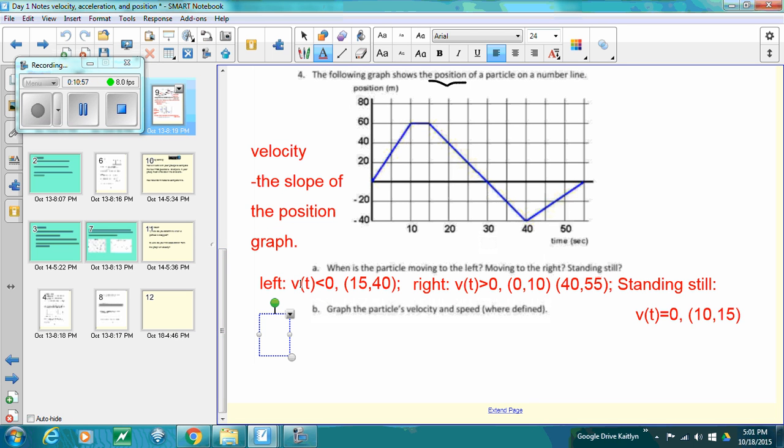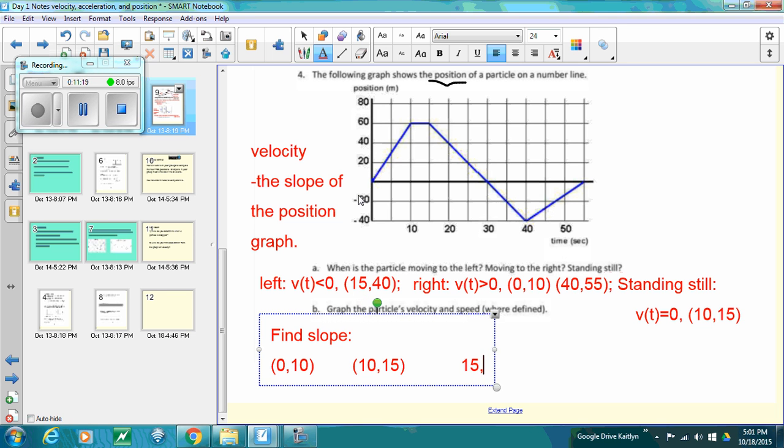So I'm going to find the slope of each line segment, and so I need to find the slope on the following intervals from 0 to 10, and then from 10 to 15, which is really easy because it's just 0, and then from 15 until we get to 40, and then from 40 until we get to 55.